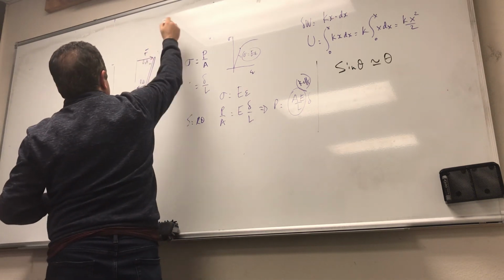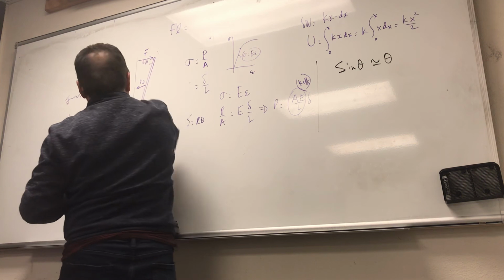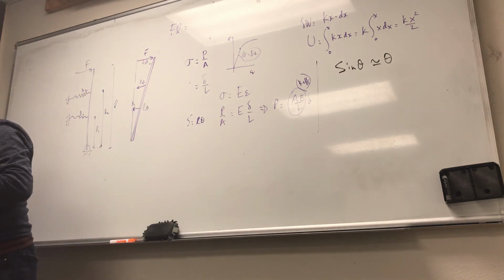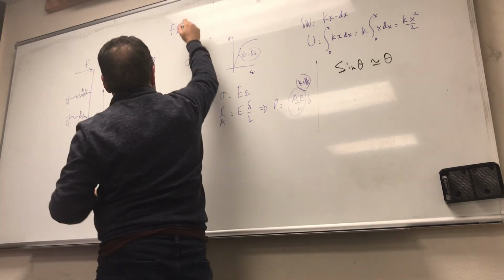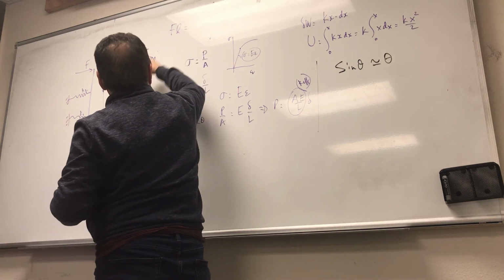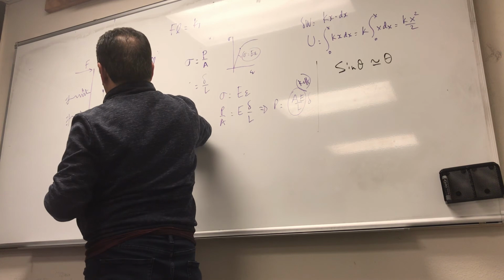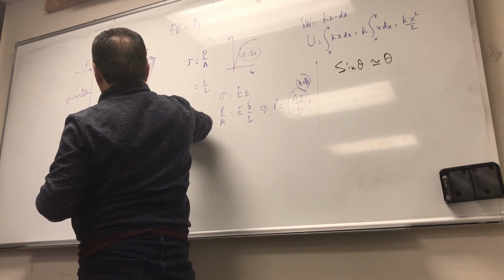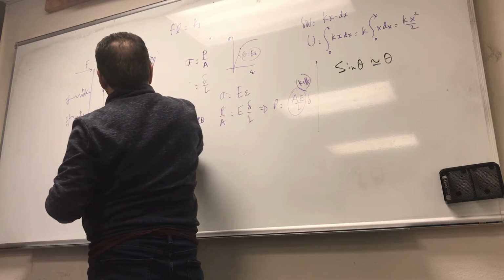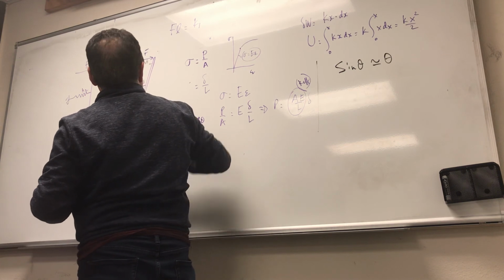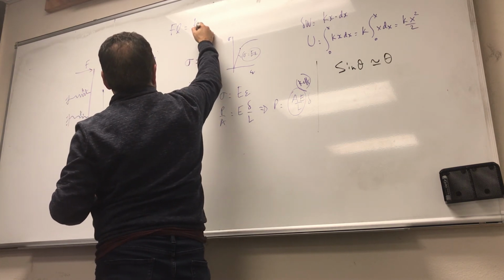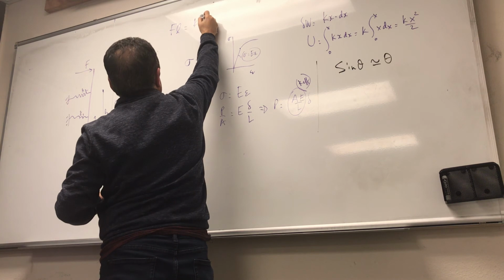F times L is equal to K1 times L1 theta. With respect to this guy, right? So it's K1 L1 theta, right?